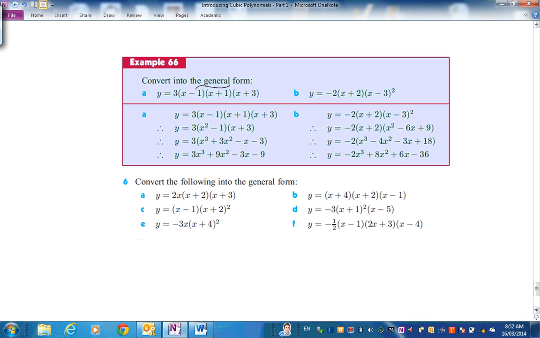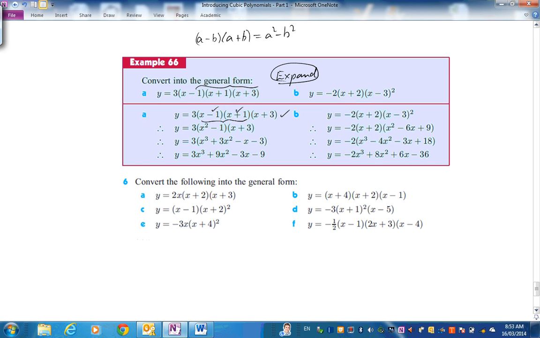Convert into the general form, which means we're going to expand it. Okay, so if you write it all out, here it is, then multiply maybe the first two brackets together using FOIL, or you should see that this is a take b by a plus b, remember that from back in expansions, is a squared take b squared.